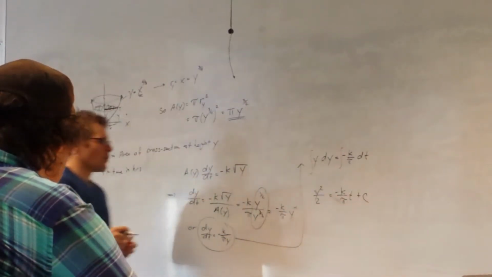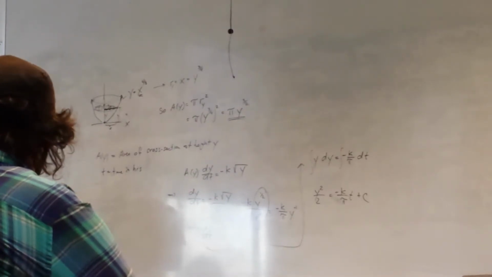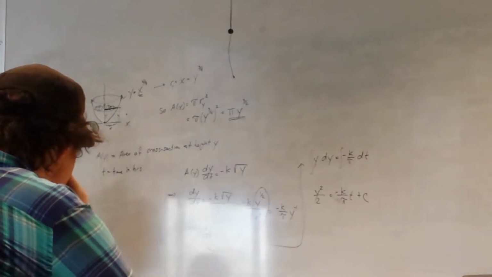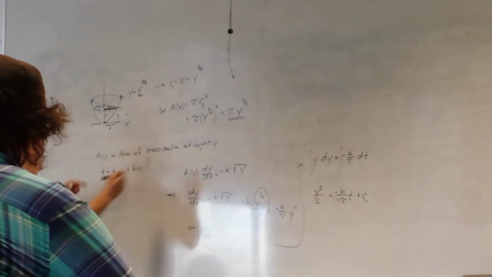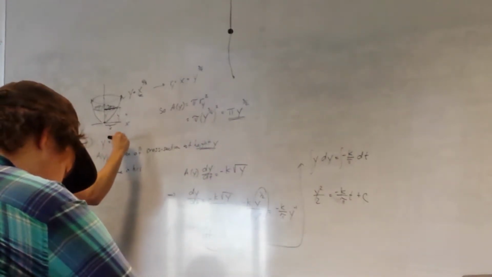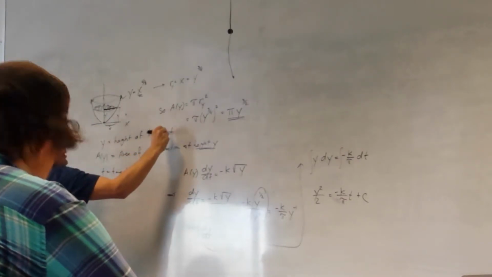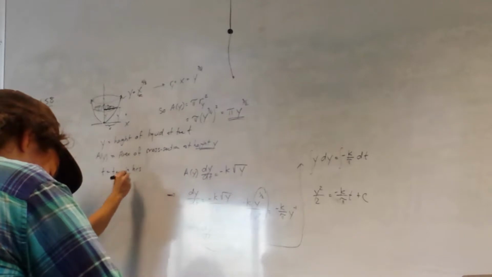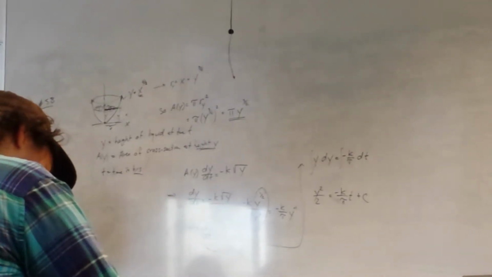Okay. What is the overall question? What are we looking for? We know something about the time at the original height. Y represents the height at time t. We are given an initial condition involving y.